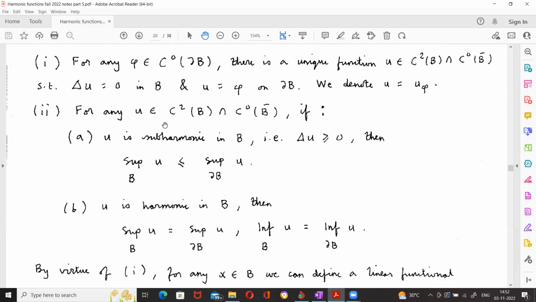Suppose u is C2 on the ball and C0 on the closure of the ball. If u is subharmonic, that means Laplacian u is greater than or equal to 0, then the sup of u over the ball is equal to the sup of u over the boundary of the ball. This is actually an equality. And if u is harmonic, then the sup over the ball is equal to the sup over the boundary, and the inf over the ball is also equal to the inf over the boundary.